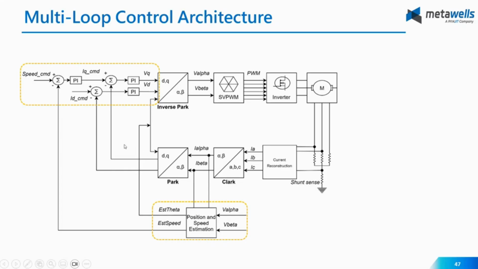The control loops refer to the PI controller inside the speed controller here, the QS current controller, and the DS current controller, as well as the parameters of the observer here.